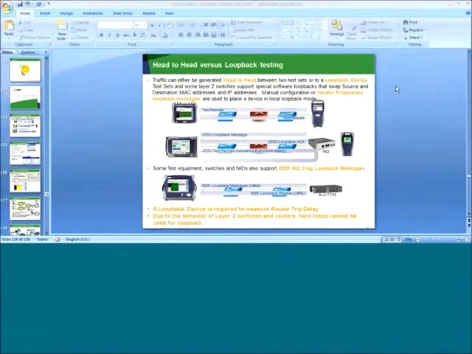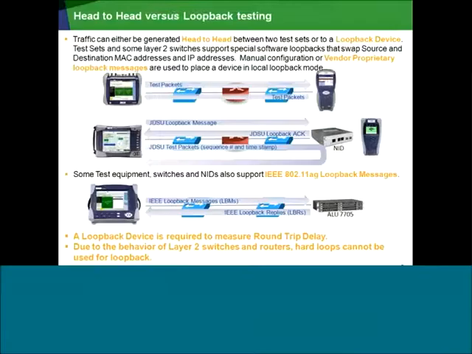Somebody from Brazil asked if they can be paired. Yes, all of the equipment interoperates with each other. As an example, I actually have this in this slide here. You can pretty much have anybody work. Any T-BERD, any HST, they all work with each other. And of course, you can have loopback testing and head-to-head testing.